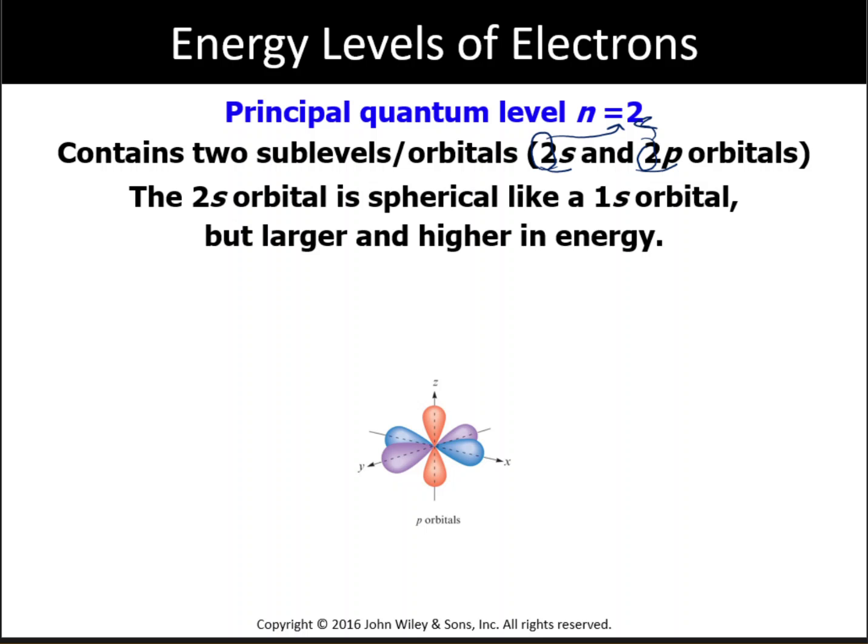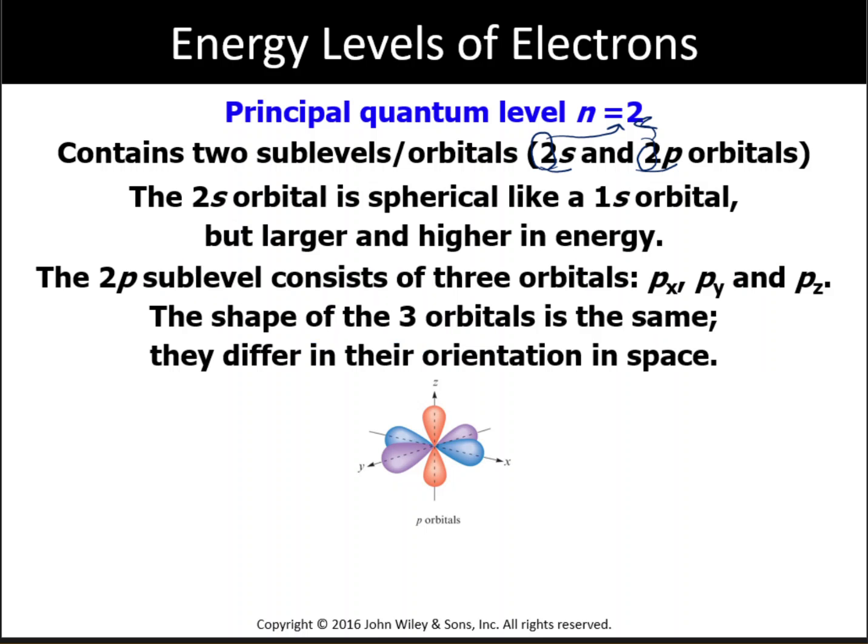So for the p sublevel, we would expect 3 different p orbitals, px, py, and pz. So what does that mean? It means that, let's say if this is your x, y, and z, if your p orbital is along the x-axis, this becomes a px.